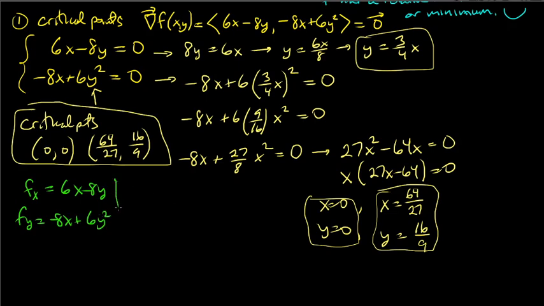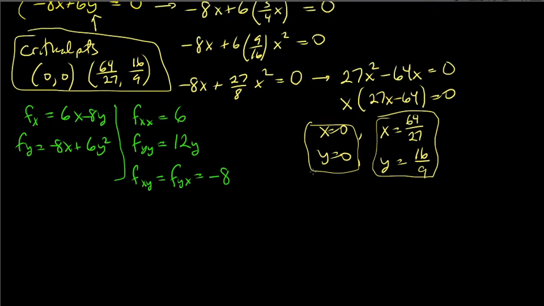So now we need the second partial derivatives. So fxx, that's just 6. fyy is 12y, right? And fxy or fyx, you can check either of them. Either of them will give you negative 8. Okay, right, so what's my D going to be? D is going to be fxx times fyy minus fxy squared.